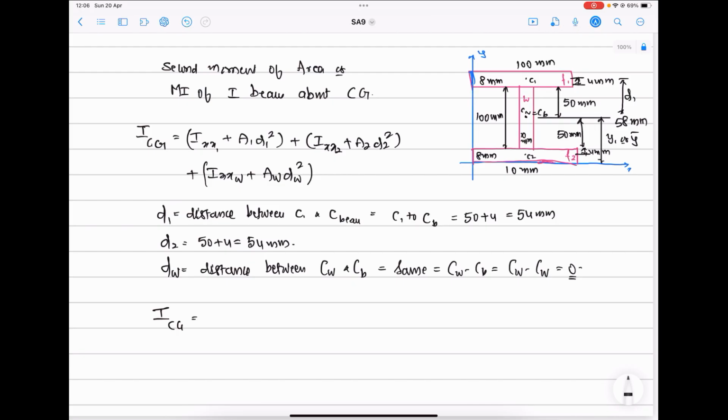ICG is equal to, what is IXX1? That is the moment of inertia or second moment of area of the flange 1. That is BH cube by 12.